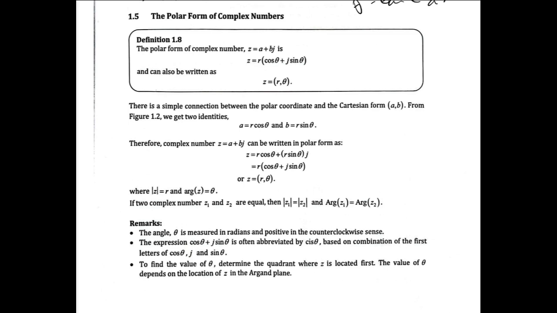This means every complex number can be described in two equivalent ways: standard form and polar form. They represent the same number, just written differently.